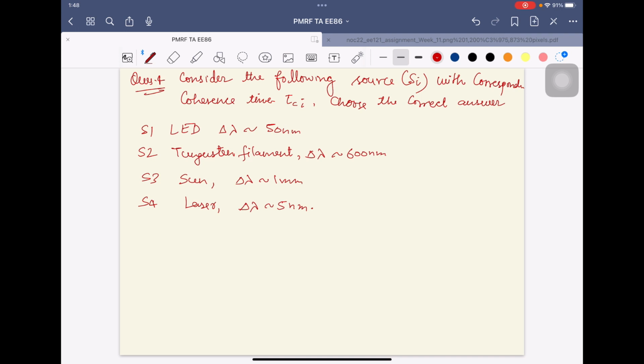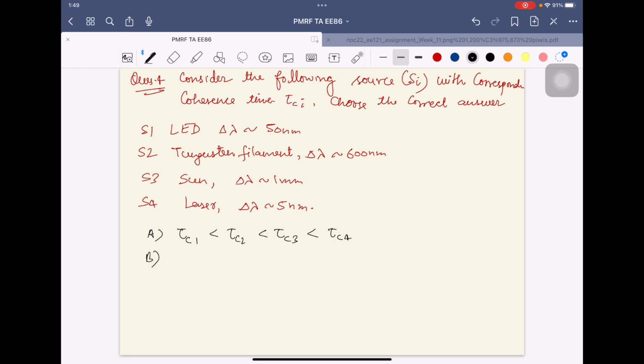We have to arrange. Okay, first I give you option 1: tau c1 is less than tau c2 is less than tau c3 is less than tau c4.